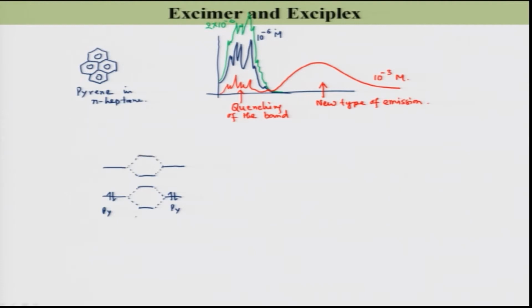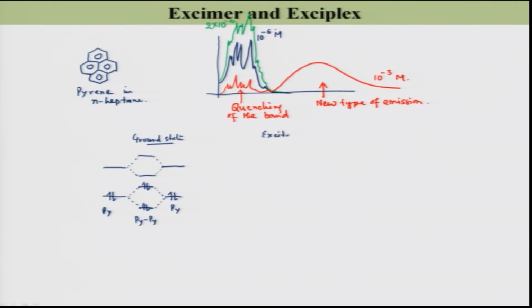This one is for pyrene-pyrene, but here in this case both the pyrenes are in the ground state. So, this will be occupied by 2 electrons, and this will be occupied by 2 electrons. So, this is the case of the ground state.